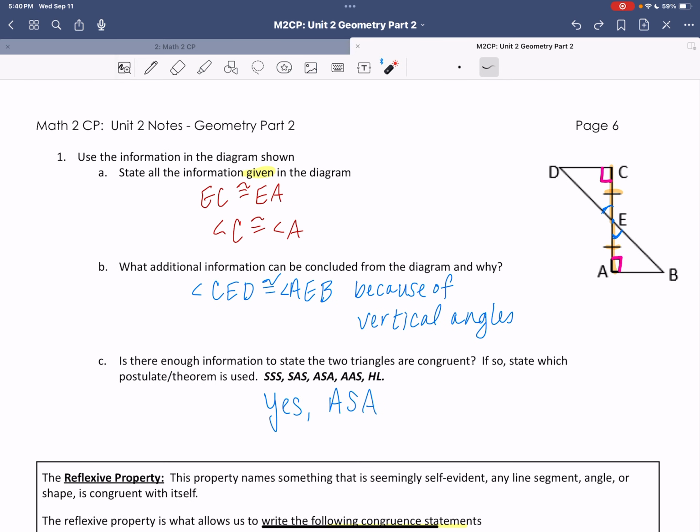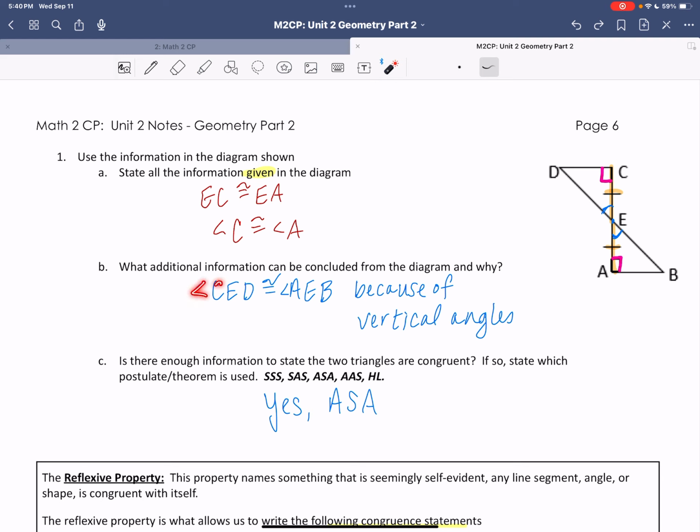So now that we know that EC, so that's a side, that's an angle, we need to think what other information can we get from this by looking? Well, we can get here, those are vertical angles. So based off of this is congruent to that angle.